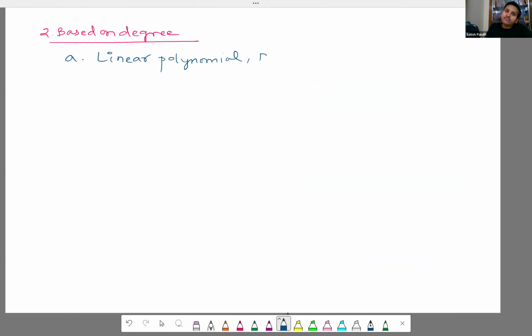Linear means degree will be 1. For example, I have x plus 5. See here, the highest power of the variable is what? Yes, degree will be 1. So this is a linear polynomial. Okay. 2x plus 10, this is also linear.